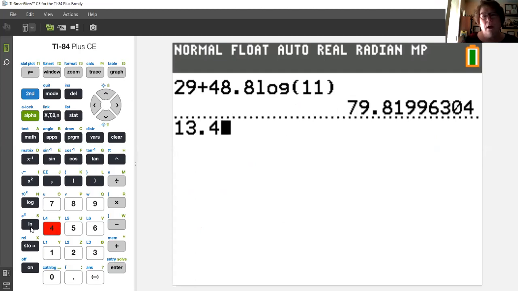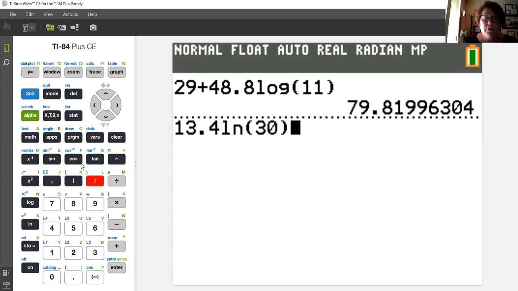The natural log, ln, is right below the common log. So we click the ln button, and again, you can see that it opens my parentheses. So I'm going to type in 30. And now it is very important that I close those parentheses.